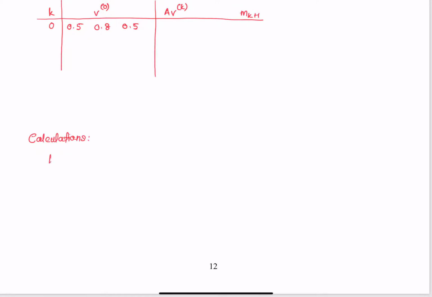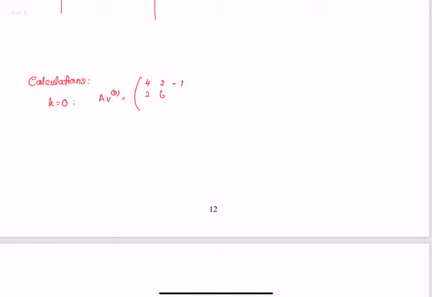For K equal to 0, we need to determine AV0, where our A is 4, negative 1, 6, 1, negative 1, 1, 12, multiplied by V0 that is given, 0.5, 0.8, 0.5. And if we insert all these two matrices in the calculator, we will have 3.1, 6.3, 6.3.